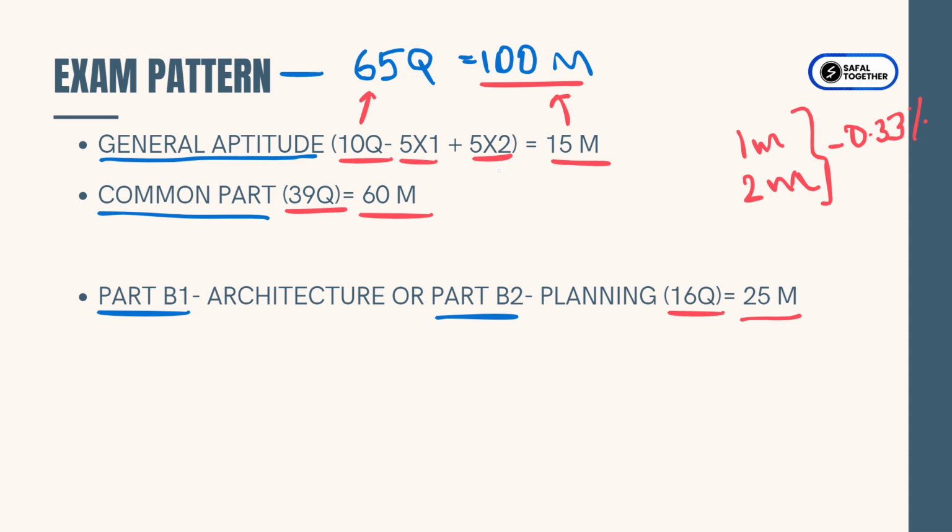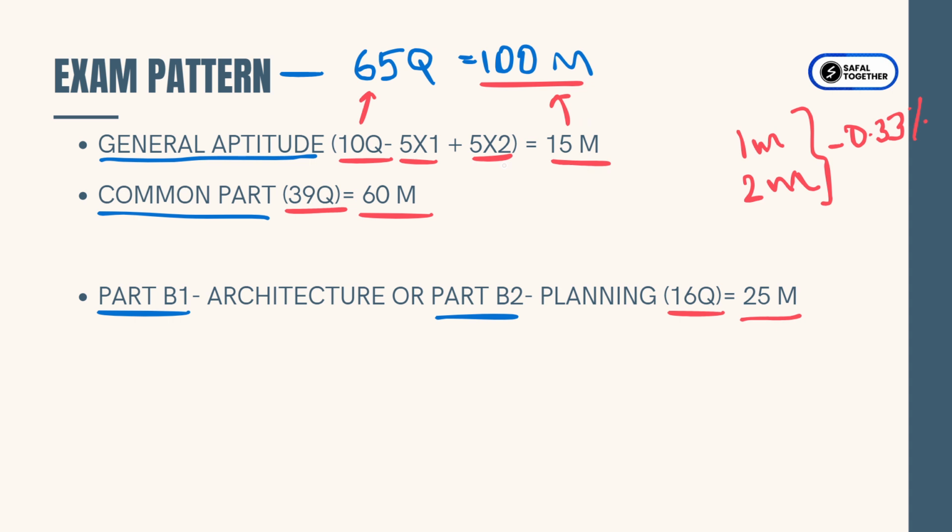So improve your vocabulary, look at a few questions, and you'll be able to do decently in this part. You'll be able to answer 4 or 5 questions on your own, and with a little preparation, you can go up to 12 or 13 marks out of this 15. This is where your scoring can help you get a better rank.